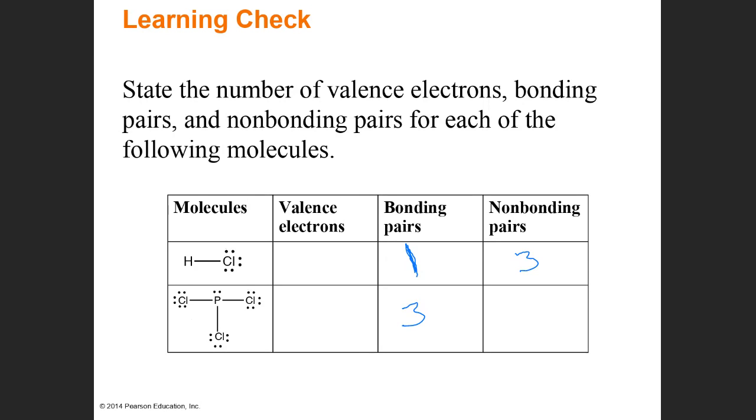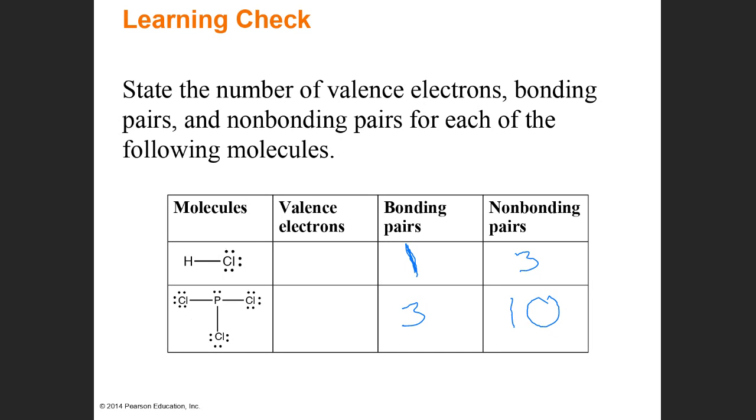None on the hydrogen. There's no non-bonding pairs on the hydrogen. And if we look on the phosphorus, we have a pair here. And then on the chlorine, we have 1, 2, 3, 4, 5, 6, 7, 8, 9. So there's 10 non-bonding pairs at all.